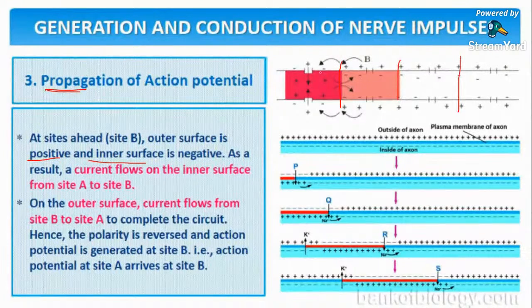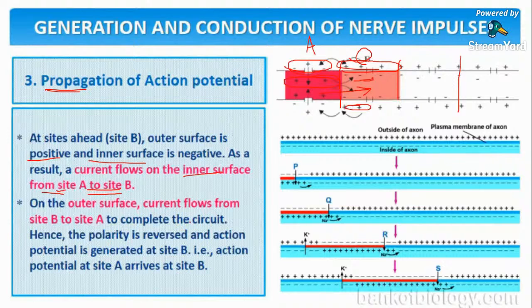In this area, the positive ions are inside and negative ions are outside. This is site A. At site B, the potassium ions are inside only, so the inside is negative and the outside is positive. As a result, the current flows on the inner surface from site A to site B.